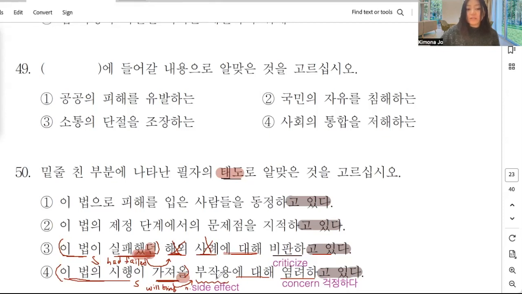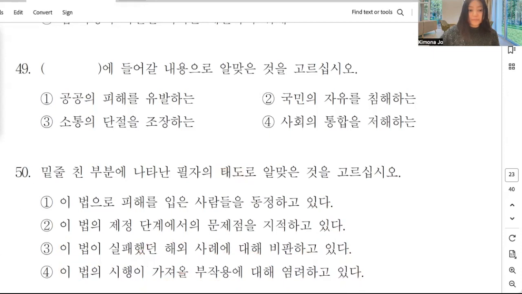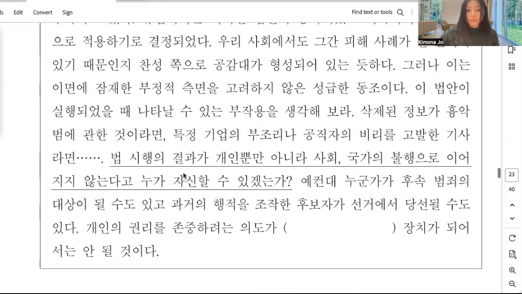This is the right answer because if you see up here, who can be so confident that the law's enforcement result is not connected to the unhappiness not only to the individual but also unhappiness of the country and its society.